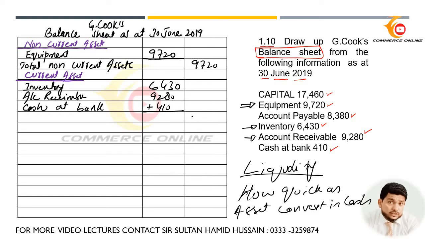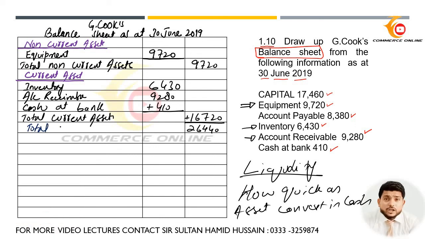I will add all of them, and that will become 16,120, and that is my total current assets. After adding total non-current assets and total current assets, I will get 26,440, and that is the amount of my total assets.